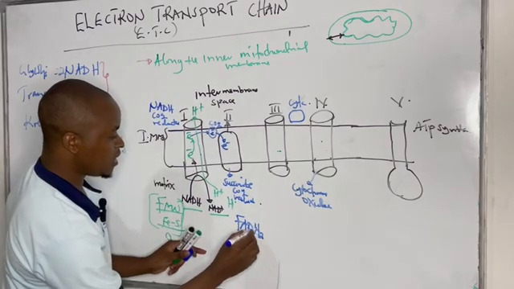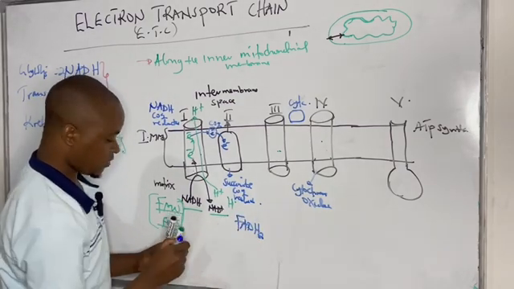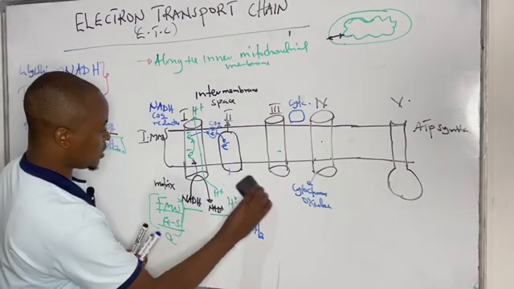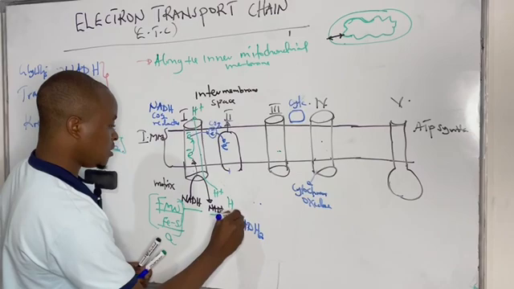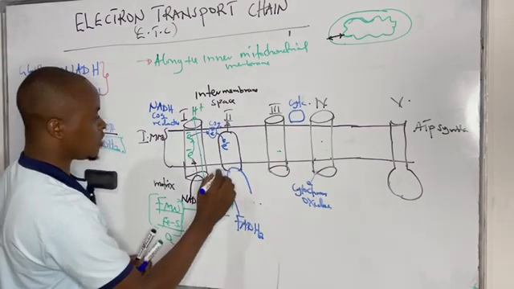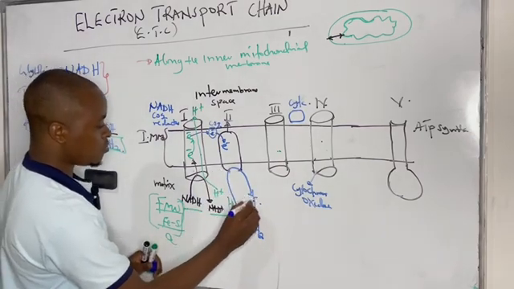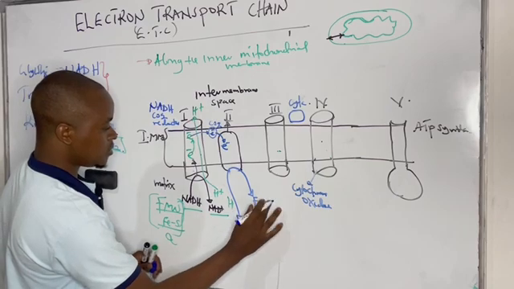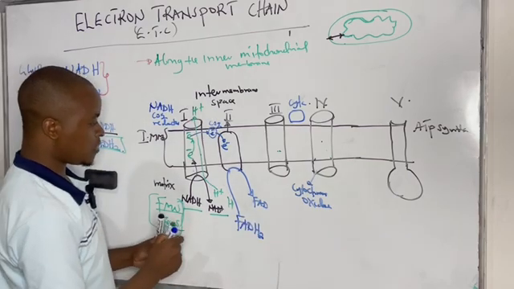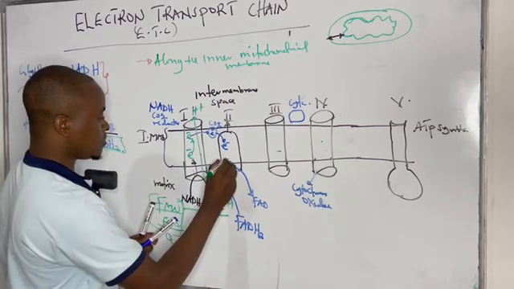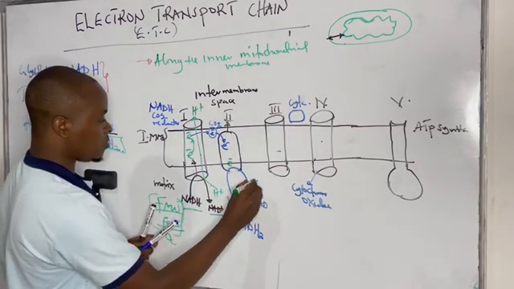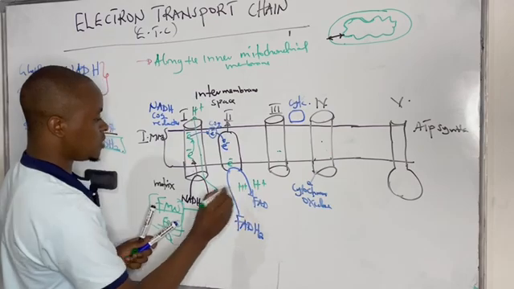When we have FADH2, the FADH2 which is formed is going to be oxidized by complex 2 to FAD, whereby this FAD is going to donate electrons, also with the release of protons. We see protons being released.